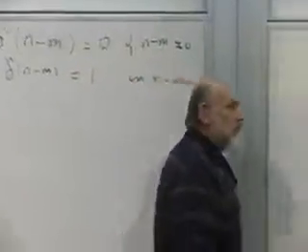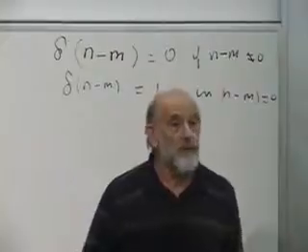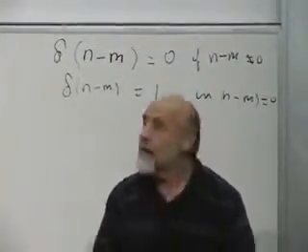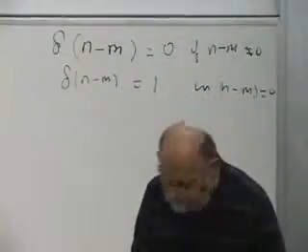So in fact, delta of n minus m is a function of two variables, but it has a particular form, and it's really only a function of the difference between them. 0 if there's a difference, non-zero if there's not a difference. I just point that out as something to keep in mind.